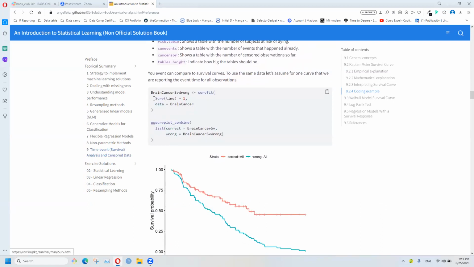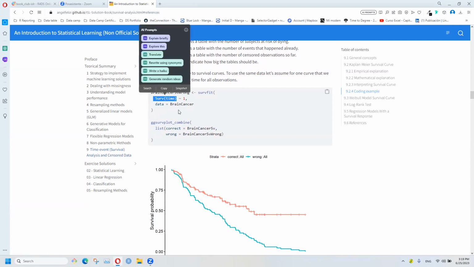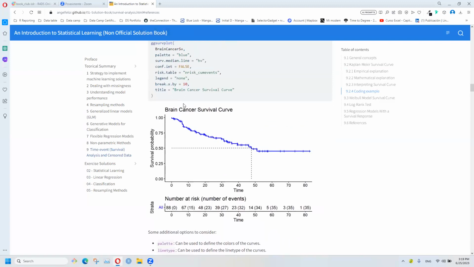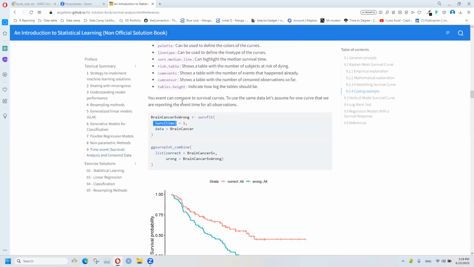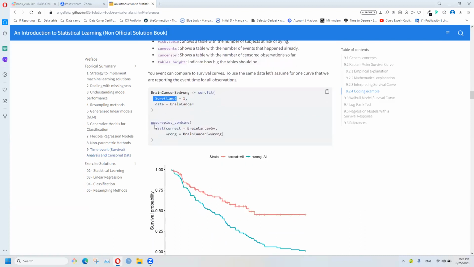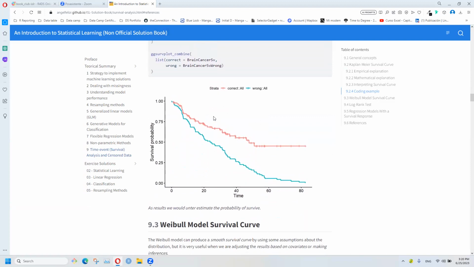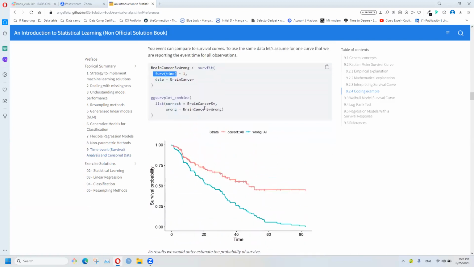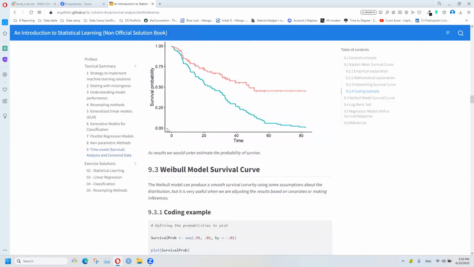If you use Surv without specifying the status, it will assume that all the times are event times. You can compare both charts using the combine function, placing them all together in a list.